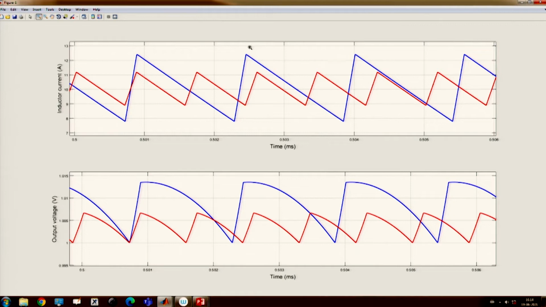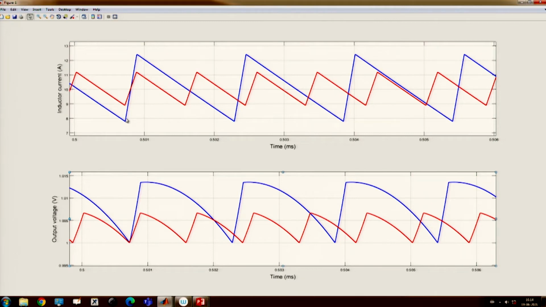So what happened here? In both cases, whenever the output voltage touches Vref, which is 1 volt, the switch turns on for the given on time. In both cases the on times are the same, but since in the first case, the blue one, the input voltage is higher, for the same on time the current ripple will be larger because the slope is higher.